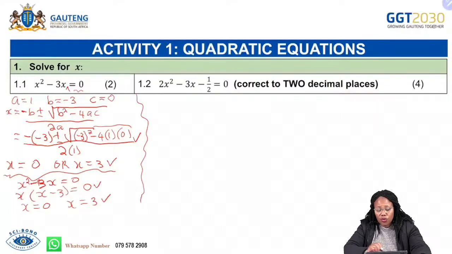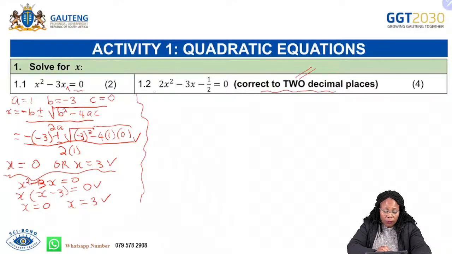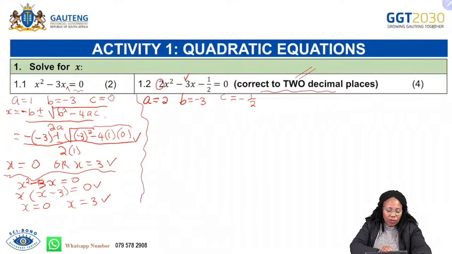And then if you look at 1.2, there's a message there. That means this one is forcing you to use the quadratic formula. So now we have A value equal to 2 from there, the B value, which is minus 3, and our C value is minus a half there. We are using the same quadratic formula, grade 12.